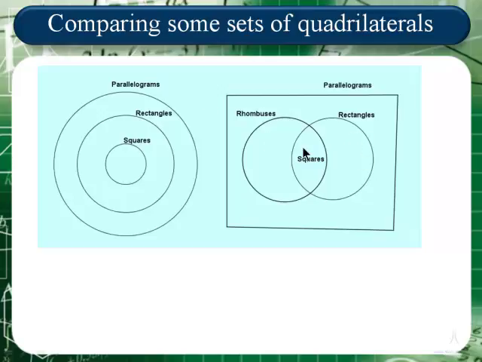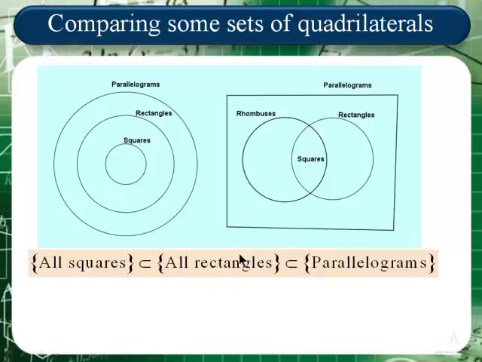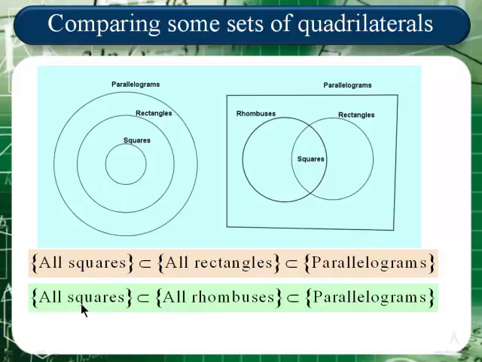But a rectangle is not necessarily a rhombus, and nor is a rhombus necessarily a rectangle. So we can make a couple of conclusions here: all squares are proper subsets of the rectangles, all rectangles are proper subsets of the parallelograms, and all squares are proper subsets of the parallelograms.